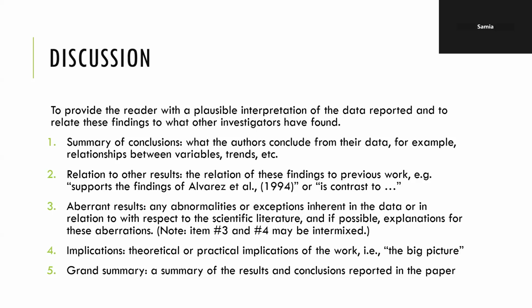Then relation to other results, so you should do a comparison analysis. This researcher achieved this percentage of accuracy, but my accuracy is higher by 1% or 2%, and so on. Then aberrant results, any abnormalities or exceptions.